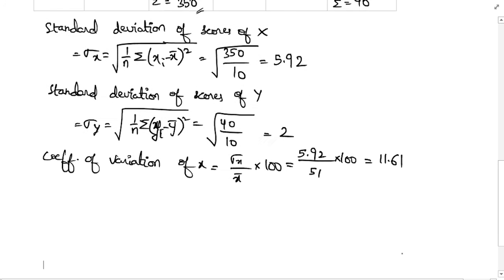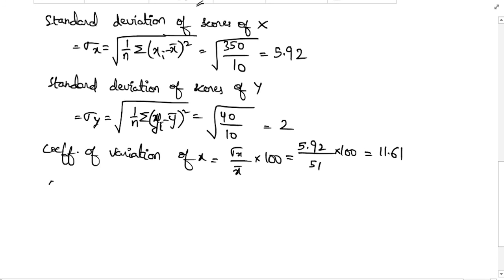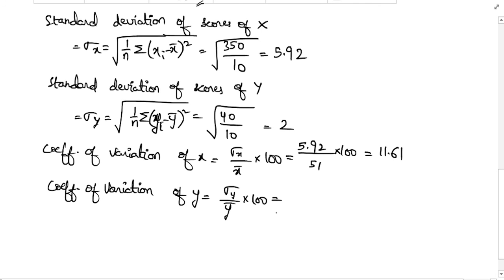Okay, and now the coefficient of variation of y is equal to sigma y divided by y bar into 100. Okay, that is equal to 2 by 105 into 100, which is equal to 1.9.